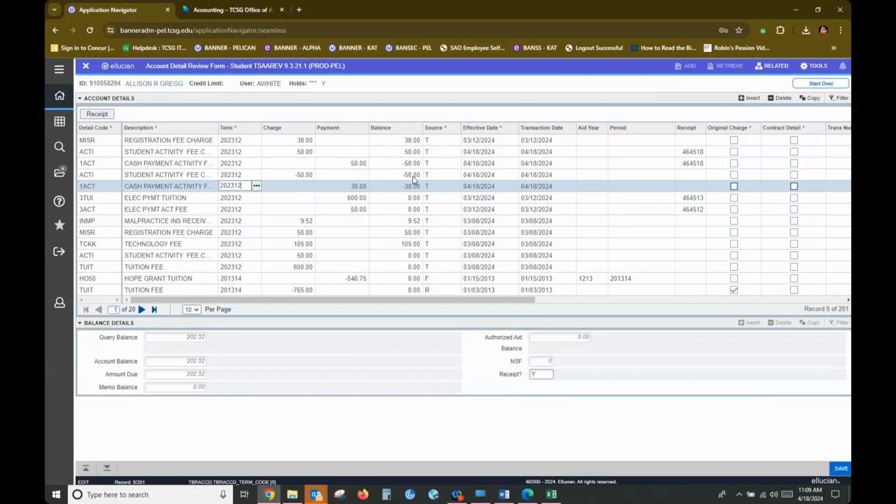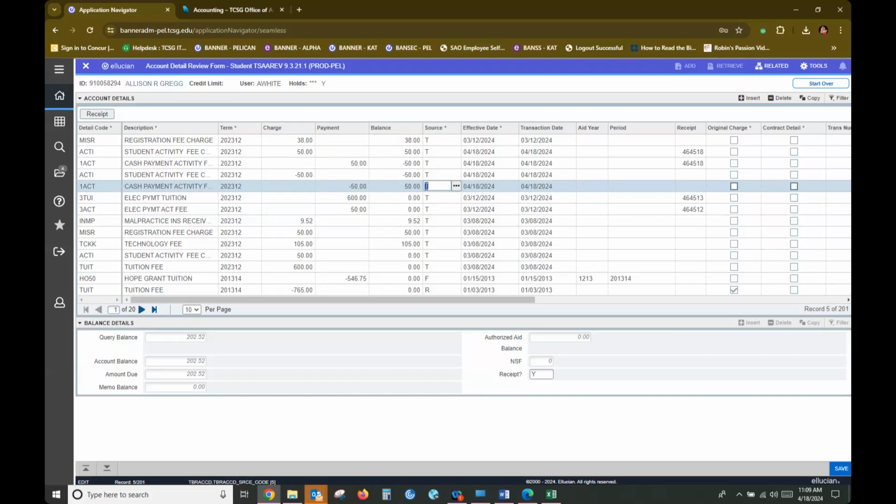Again, we have to make sure it's in the same term. But in this particular case, now we're going to put in a negative $50, because it's not 38, it's 50. This is where people get very confused when they're entering information into Banner.